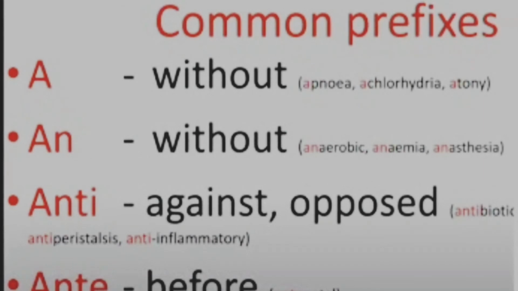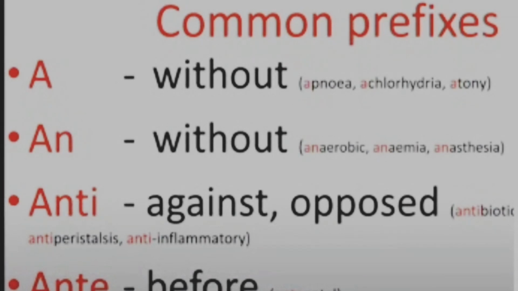Now, some of the common prefixes will be dealt with here. A means without, not having it, like apnea, that's a loss of breath. Achlorhydria, where hydrochloric acid is missing.